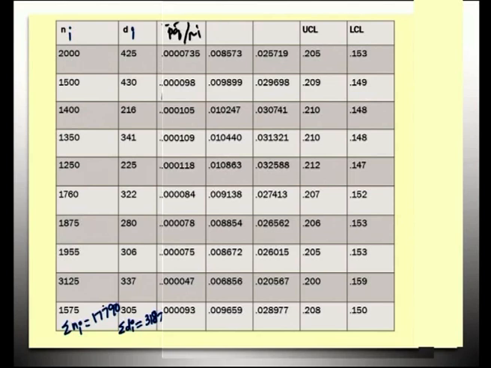So, like that the values are calculated, and then the square root of P bar Q bar by N i. That is the square root of 0.0000735, which is 0.008573. Similarly, the square root of 0.000098 is 0.009899. The third value, 0.000105, has square root 0.010247.